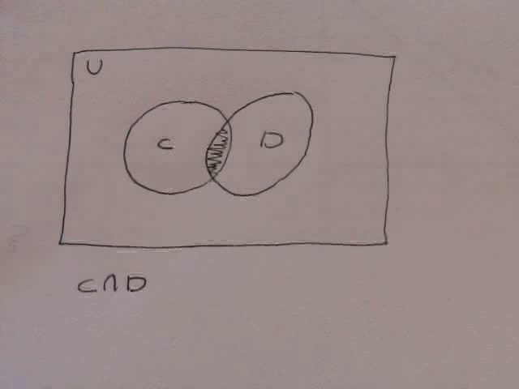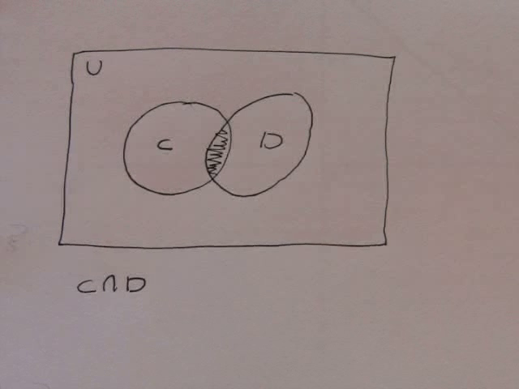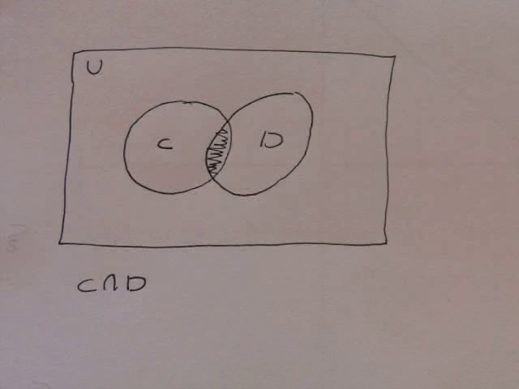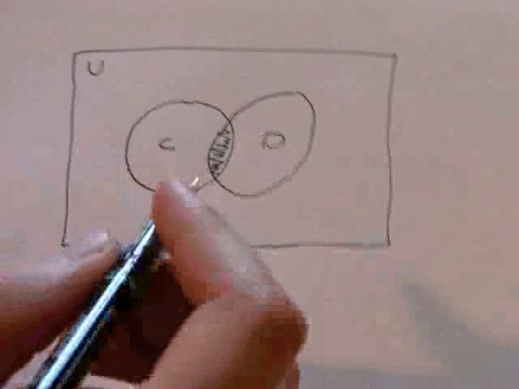Now, if you want to look at everything outside of that small intersection point, so everything that is not shaded, we would want to look at the complement of that intersection. And we know how to write that, and we'll have to put an apostrophe there to indicate that. If you're going to put an apostrophe on something that is sort of like a term, you'd have to put parentheses to indicate that they're together before you put the apostrophe.